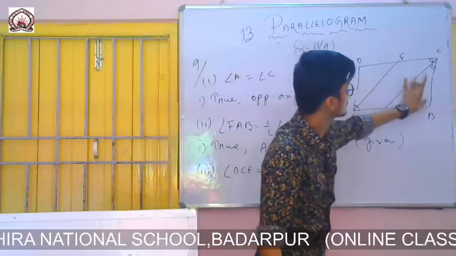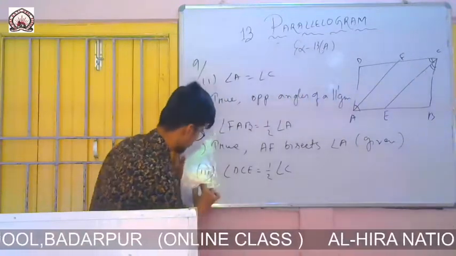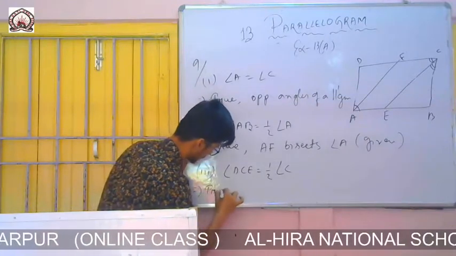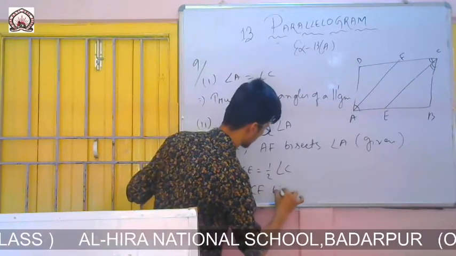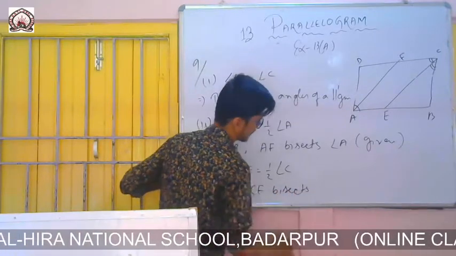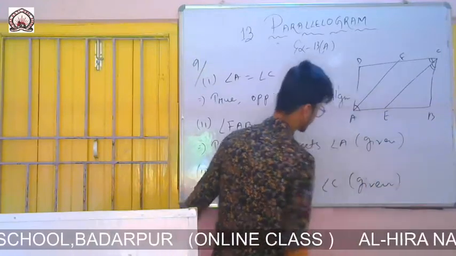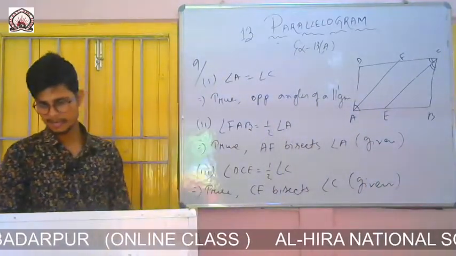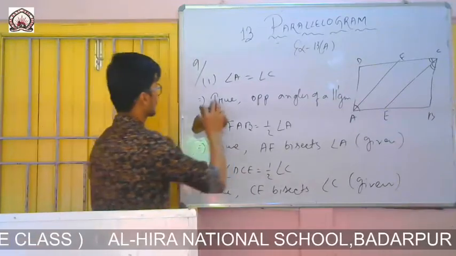This part and this part, both of them are the same. So I can write the answer as true. You write CE bisects angle C, and in brackets you write given, because it is there in the question.